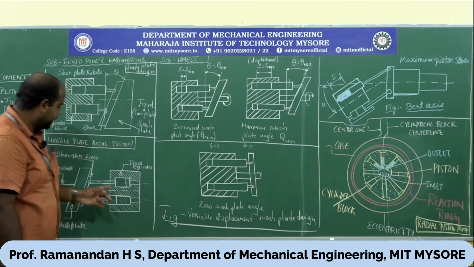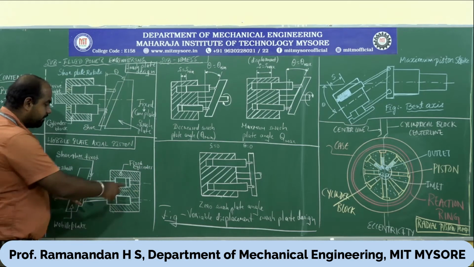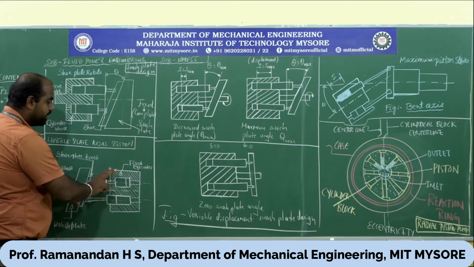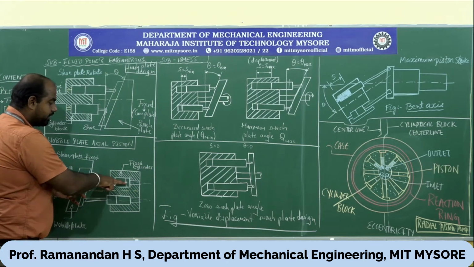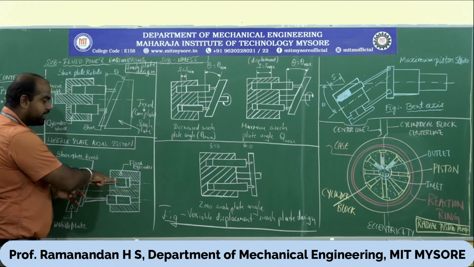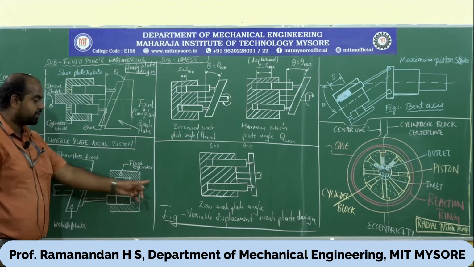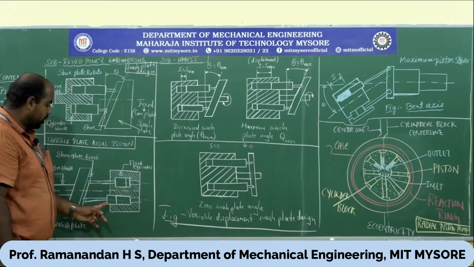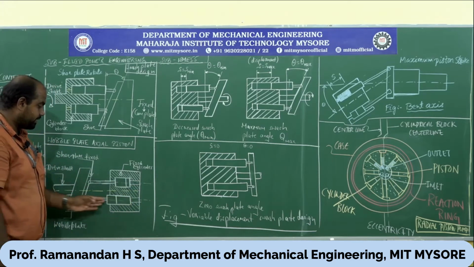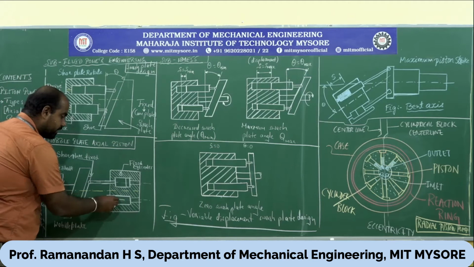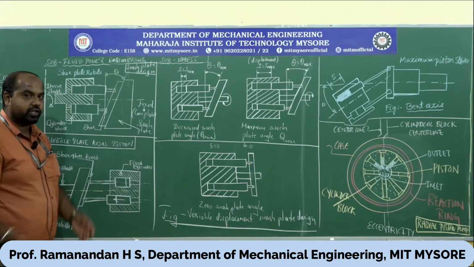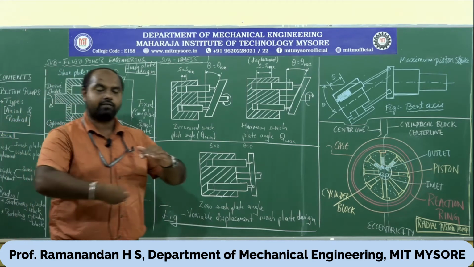I repeat, in the upper half the piston is extending, that's why discharge takes place here at higher pressure. So here the piston is extending from here to here in this direction. That means suction takes place in the lower half of the cycle.